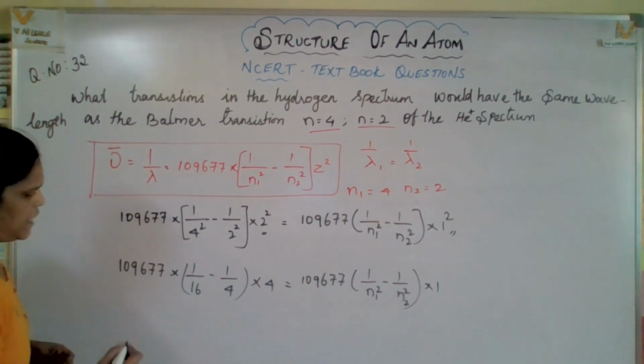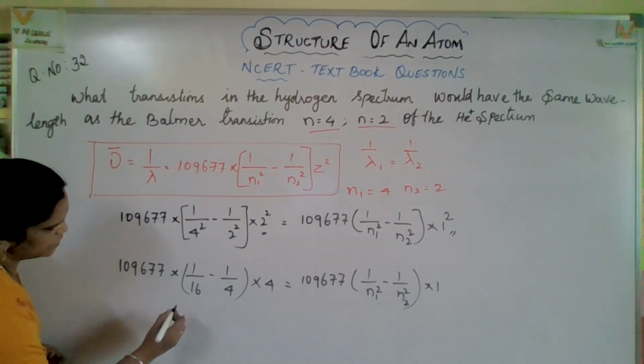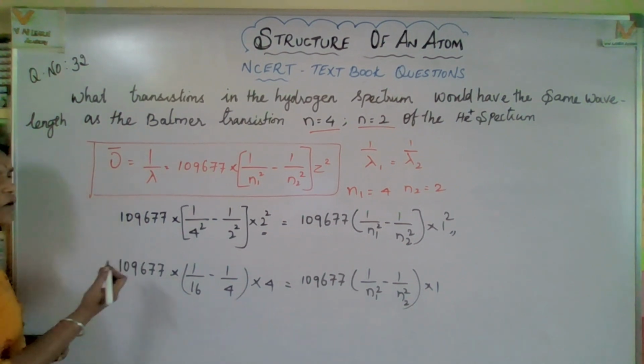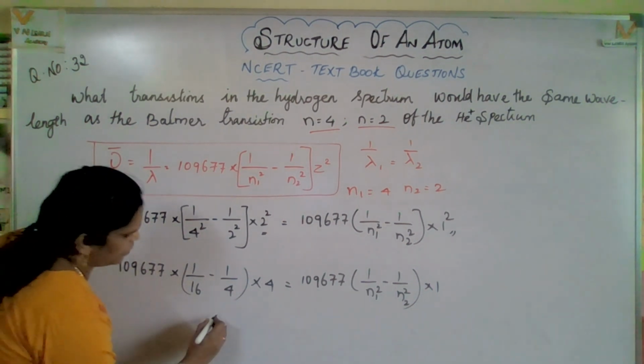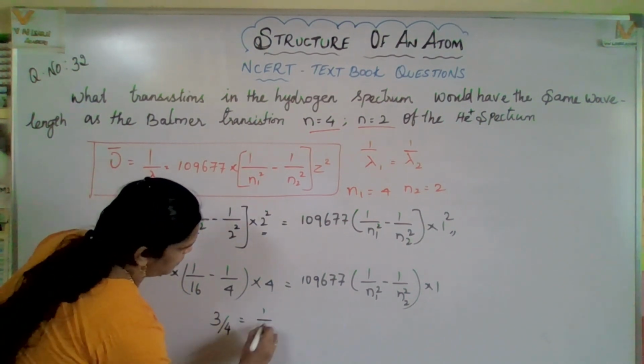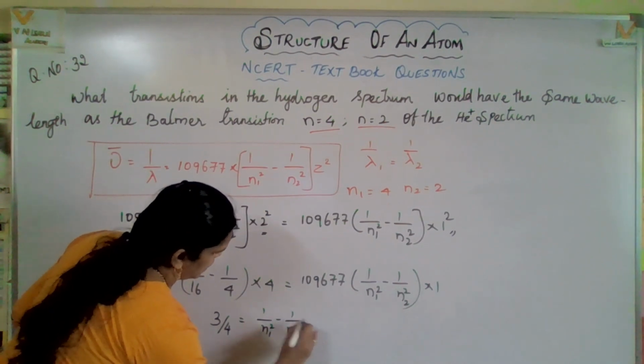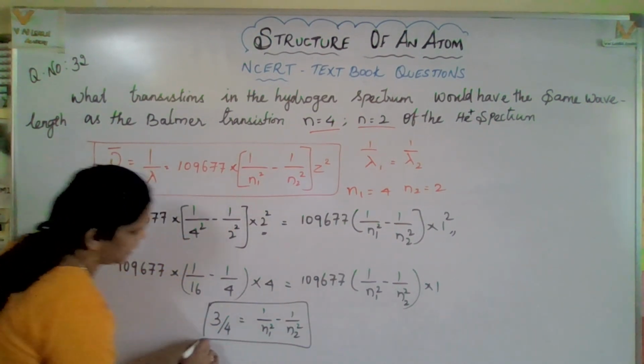Okay, so that means if you calculate here, 3 by 4 is equal to 1 by n1 square minus 1 by n2 square. This is the only thing you will receive.